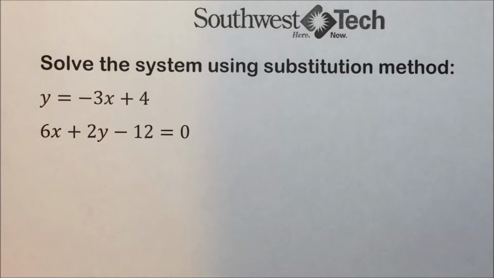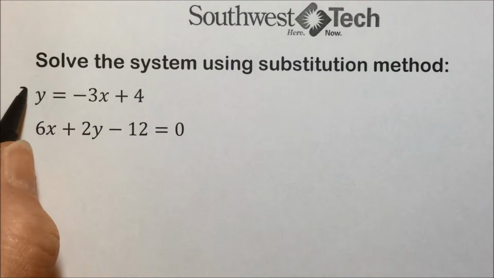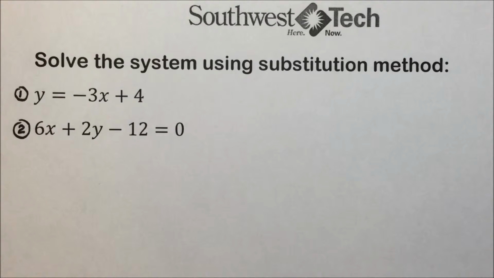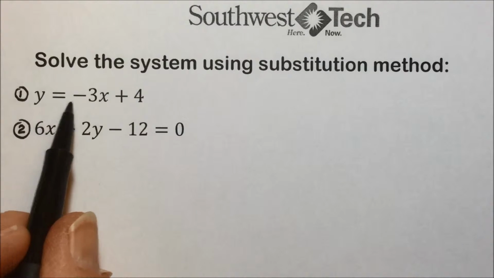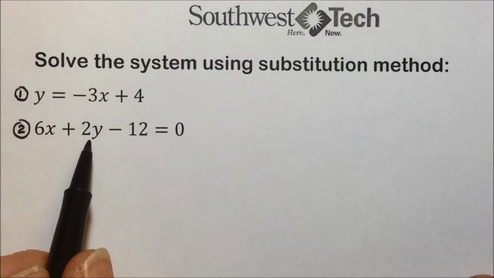Here we have another example asking us to solve the system using the substitution method. And again, we need to have one variable isolated in an equation, then we're ready to substitute, and this is already set up. Just for reference, I'm going to number these two equations. So we have y is equal to negative 3x plus 4, and in the second equation we have x and y.